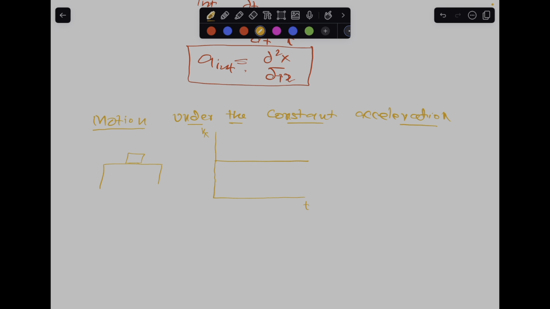So this is the situation when the object is at rest and its slope is 0. If the slope of the velocity time graph is 0, it means acceleration is 0. So this is the velocity time graph when the object is at rest.